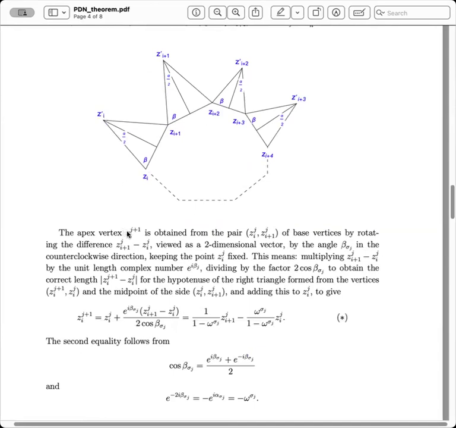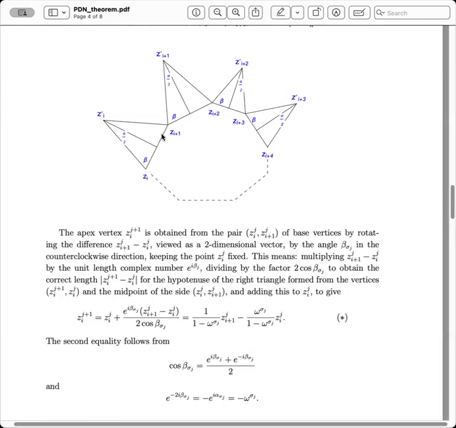So this vertex is obtained from the pair of base vertices z_i and z_{i+1} by rotating the difference between the two, thought of as a two-dimensional vector, by the angle beta in the counterclockwise direction.